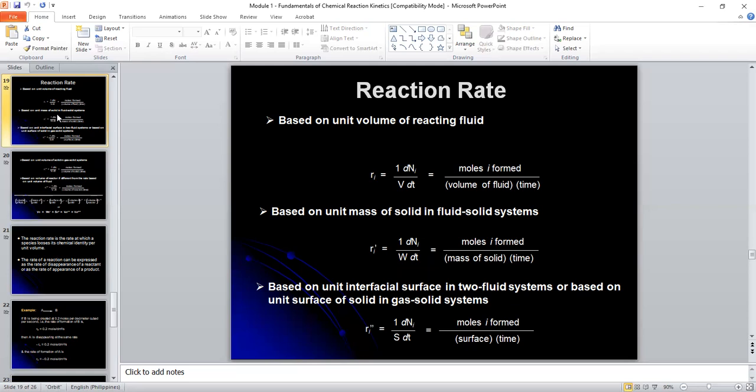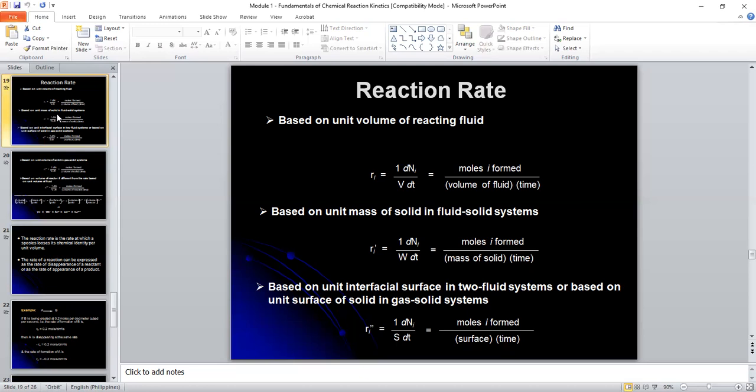Now, when we speak of a reaction rate equation or reaction rate expression, I'd like to emphasize this: we mean the differential equation. So when you speak of the differential equation, it has the presence of a derivative. Now, why am I stressing this one?